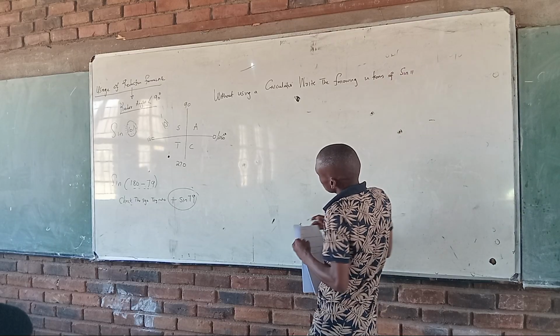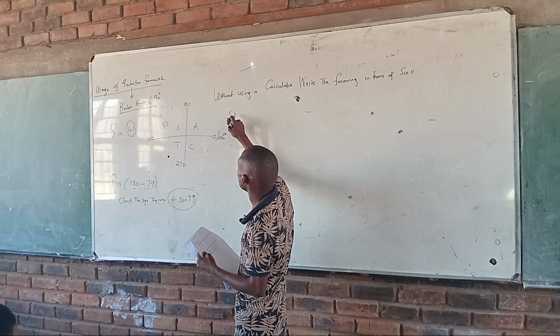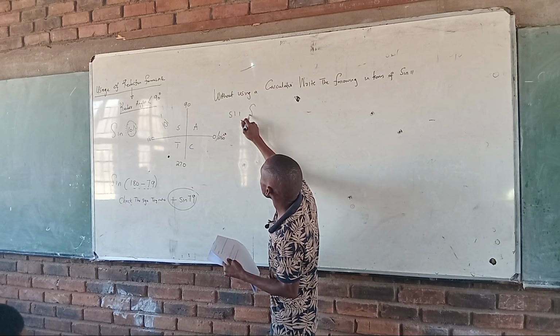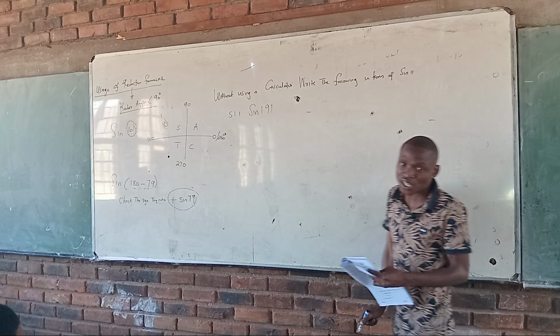What is it that they want us to write in terms of sine 11? It was question 5. So they want you to write sine 191 in terms of sine 11.